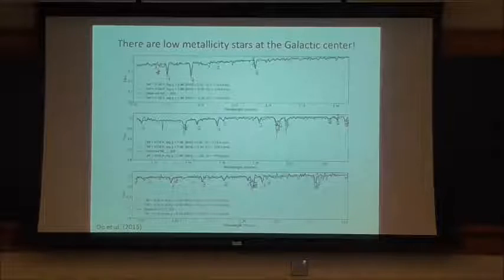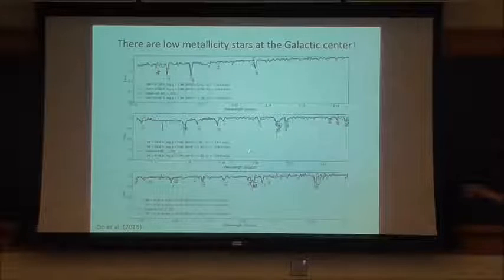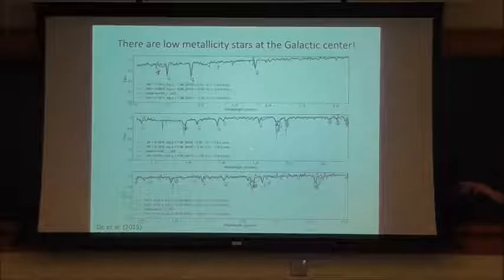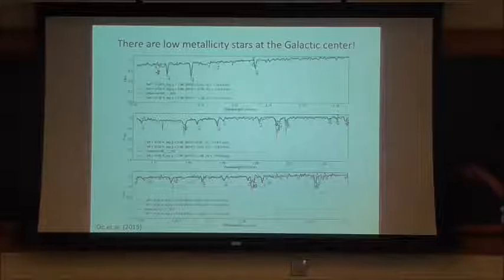Okay. So one of the things that surprised us was that there are definitely some low metallicity stars in the Galactic Center. In black is the stellar spectrum, and then in these colors are different fits. So the best fit is blue. This is going to be really difficult to see, I guess.